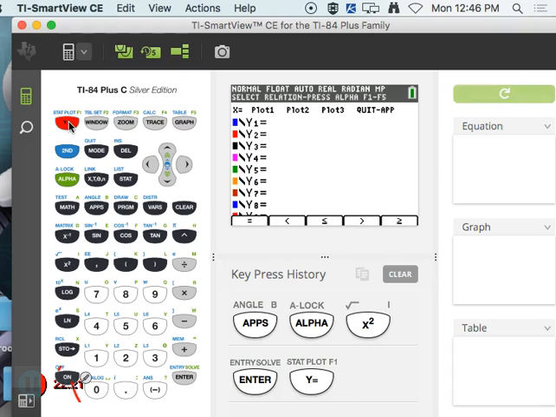But for these, you have to hit the green alpha key first, and then hit the button that's right underneath this. So let's see what was our first one. You don't have any equals? Oh, okay. And the brand new ones, if you arrow all the way over to the left, it lets you choose.